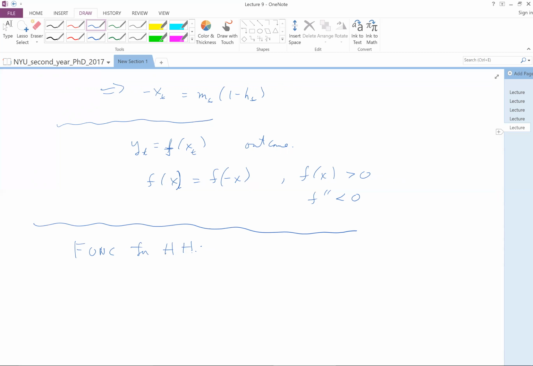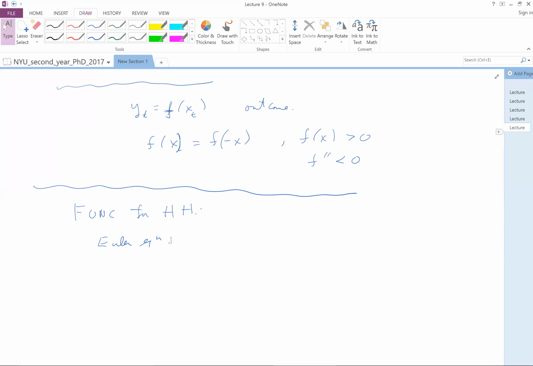And we got an Euler equation, which we could rearrange into the following form.